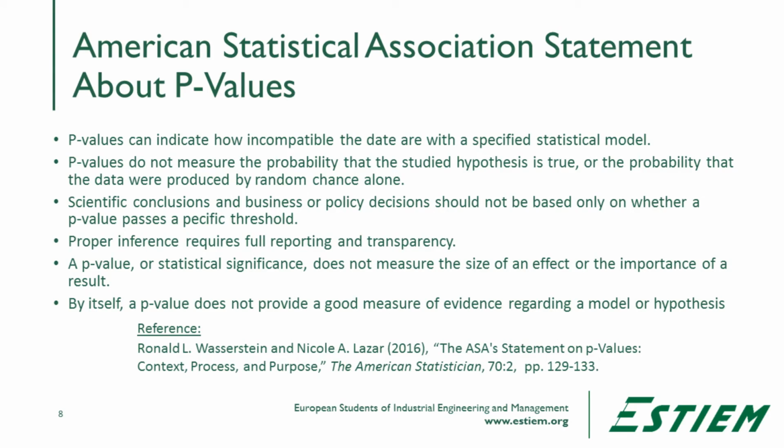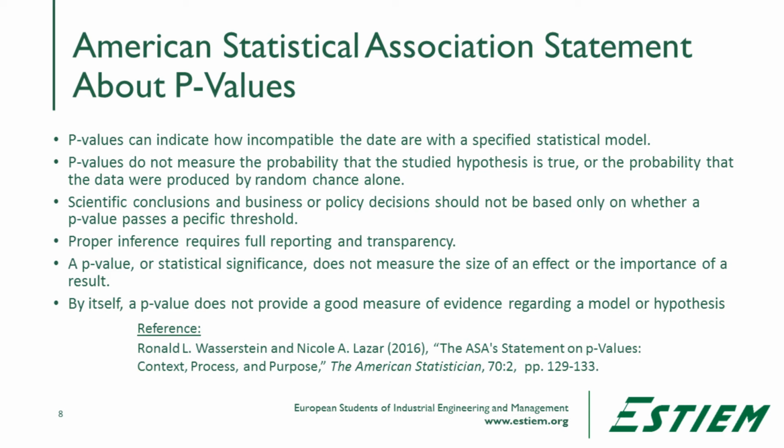So proper inference about the future requires full reporting of all the components, including the beta risk, and transparency so that a decision maker can see what actually is the set of total risks we're seeing, what was the sample size, what is the basis on which we're making this judgment, and how solid is the choice that they're being asked to make.